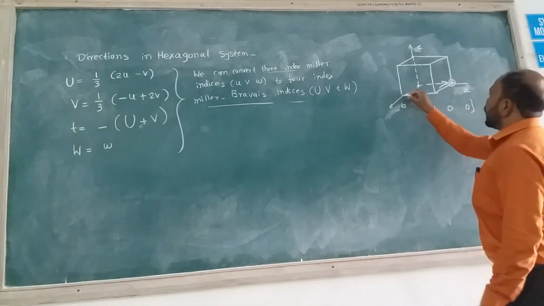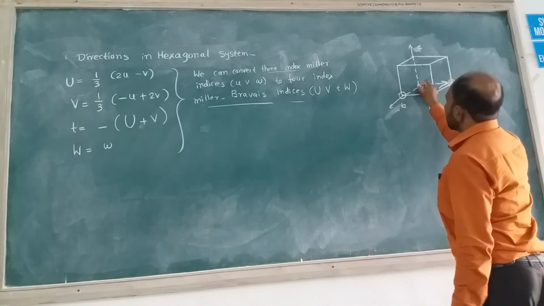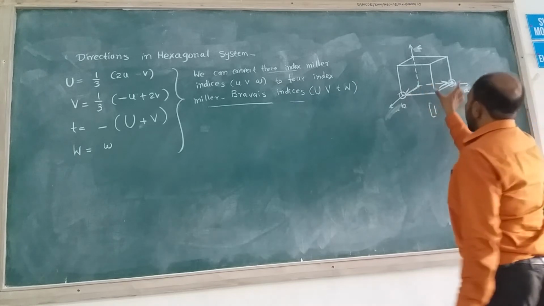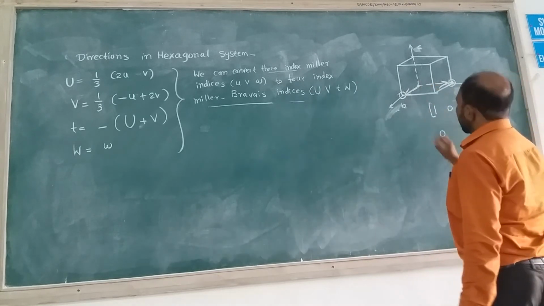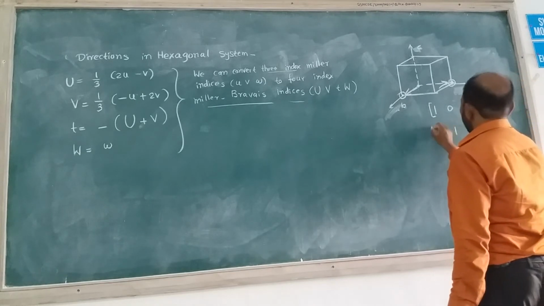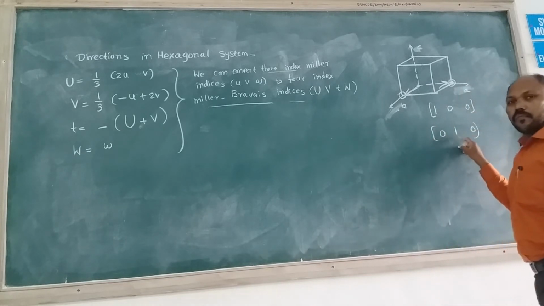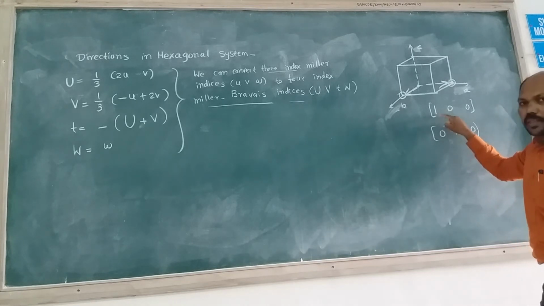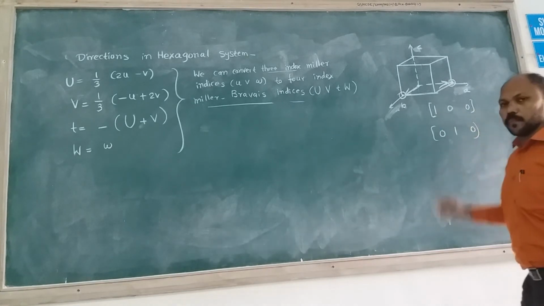Similarly, for this location, the direction is from the origin towards here, and in the a direction the value becomes 0, in the b direction the value becomes 1, in the c direction the value becomes 0. So u becomes 0, v becomes 1, w becomes 0. In the earlier case, u is 1, v is 0, w is 0.